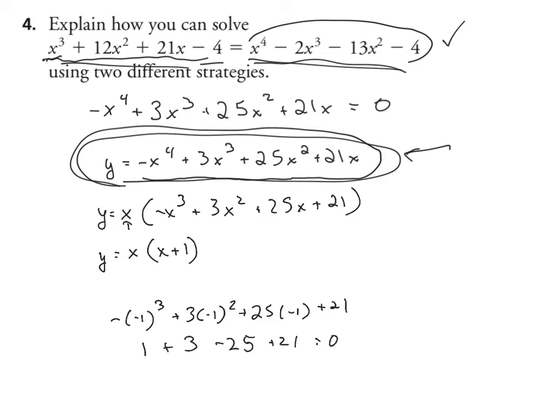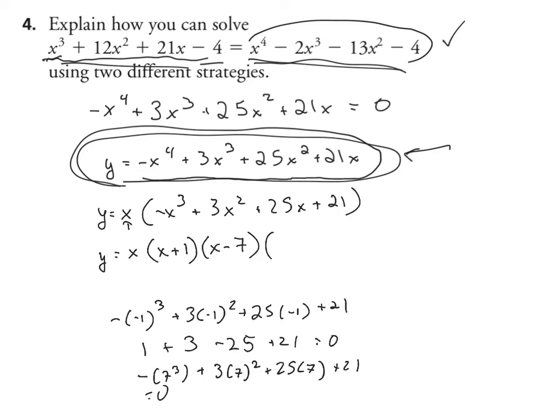Let's try another one. Hey, let's try maybe 7. Negative 7 cubed plus 3 times 7 squared plus 25 times 7 plus 21. Oh, what do you know? That equals 0. So I know that x minus 7 is another one of the factors.